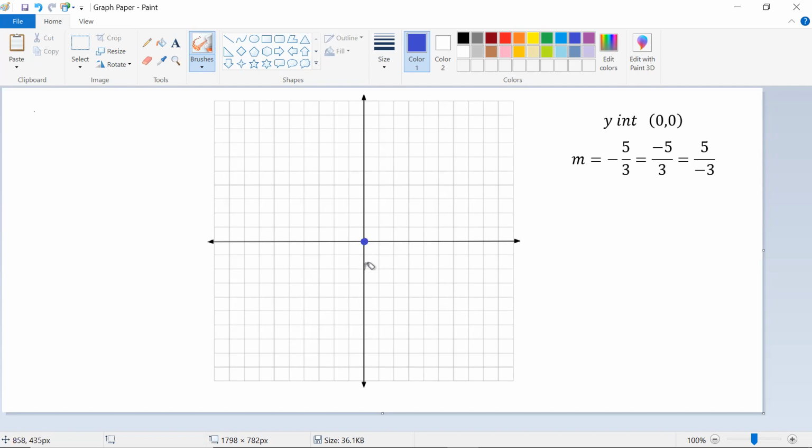So I need to go down 5 and to the right 3. -5 in the y direction is down, and +3 in the x direction is to the right 3. Again, if you want another point, I'd go down 5 more and to the right 3 more.